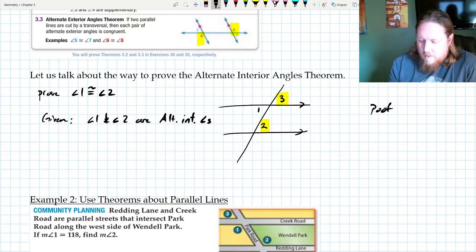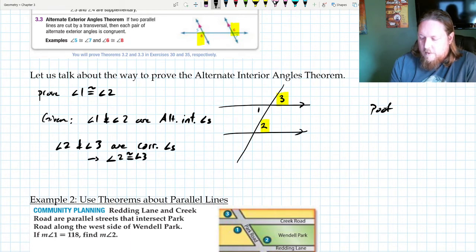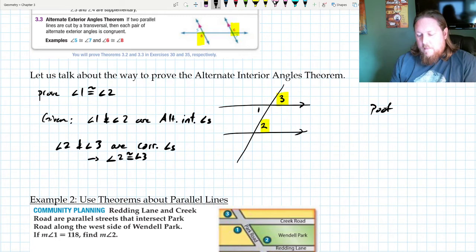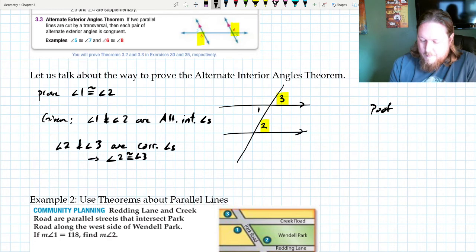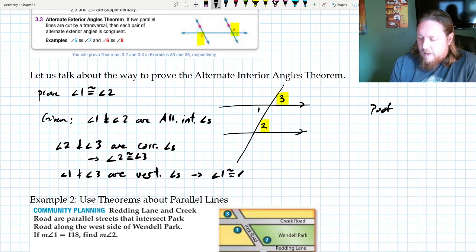Then I have to set up that angle 2 and angle 3 are corresponding angles, and that tells me that angle 2 is congruent to angle 3. So if there was only some way that I could show that angle 1 and angle 3 are congruent, well, angle 1 and angle 3 are vertical angles, which tells me angle 1 is congruent to angle 3.